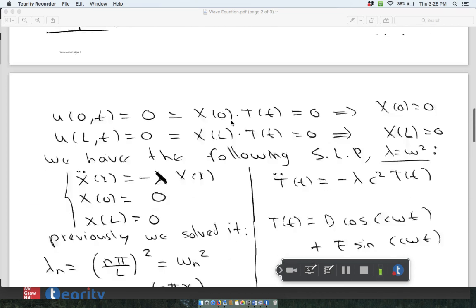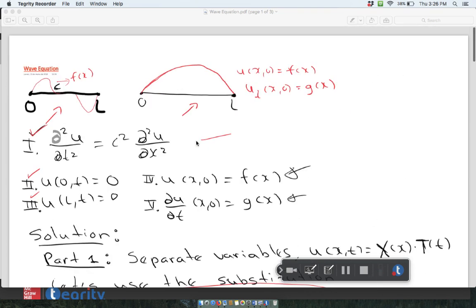So we have solved the wave equation, and depending on the initial data f of x and g of x, it could be modeled like a traveling wave, or a vibrating string of a guitar. We have solved the heat equation, we have solved the wave equation, and in the coming week we will be solving the Laplace equation.